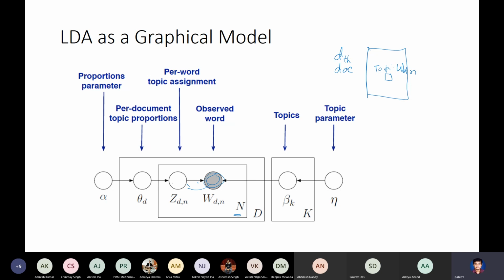That is my theta for doc1, theta d, or theta1. And this sports topic that I decided is a sample drawn from this topic proportion.